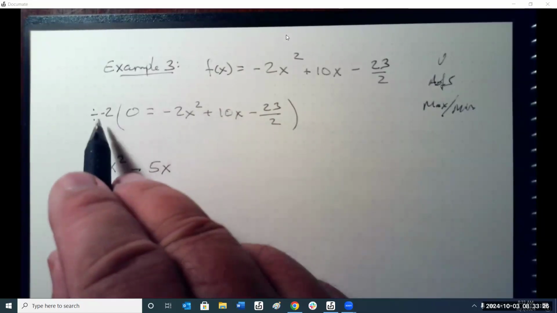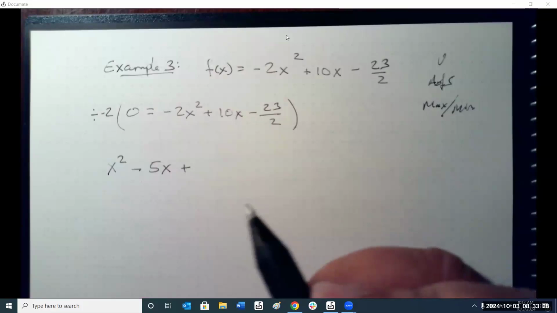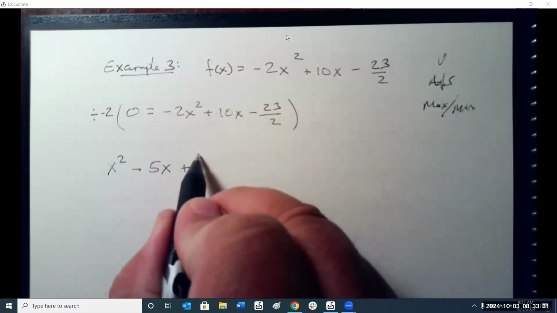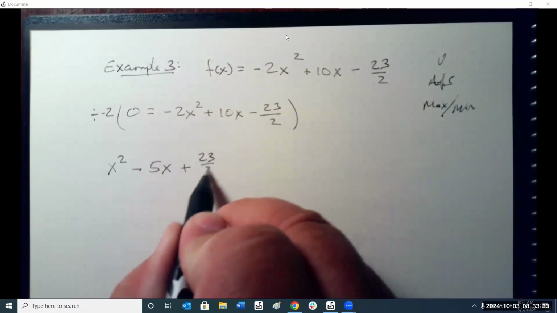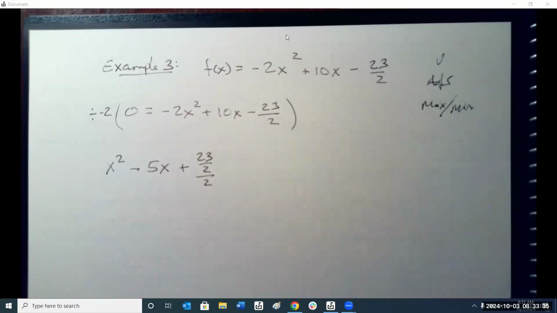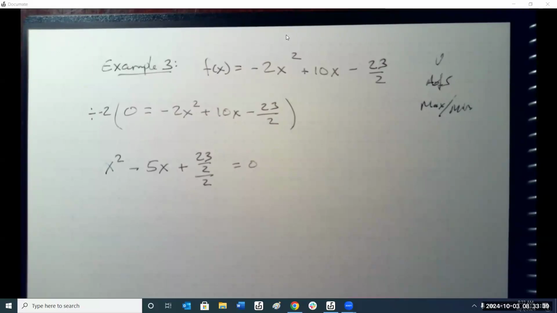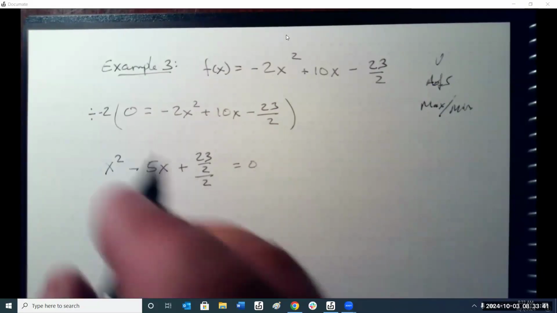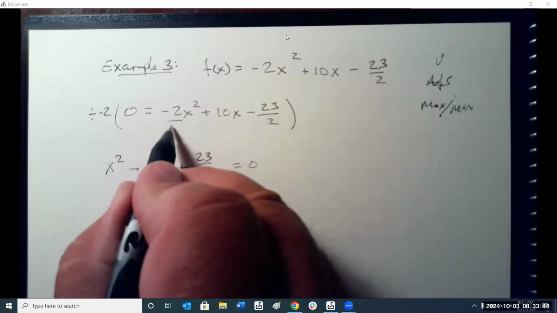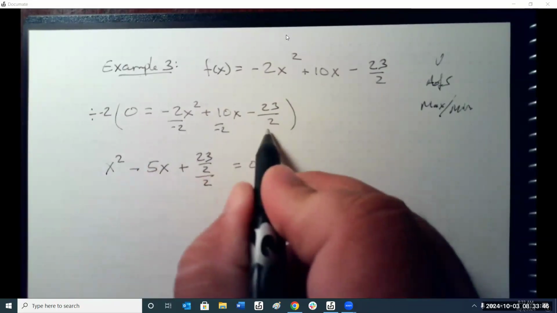A negative divided by a negative is a positive. So we have 23 over 2 divided by 2. All that equals 0. Basically, we put negative 2 under everybody.